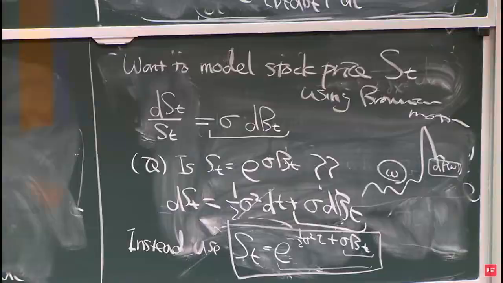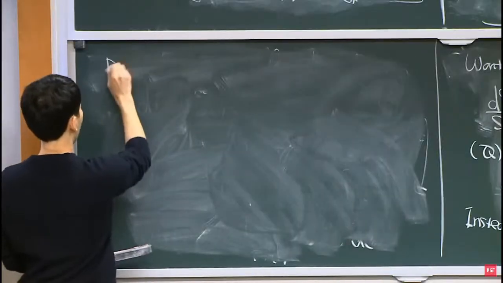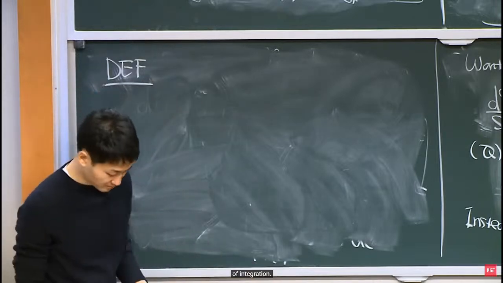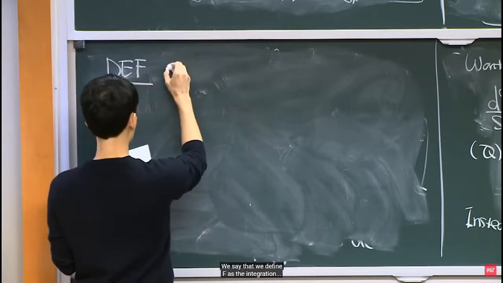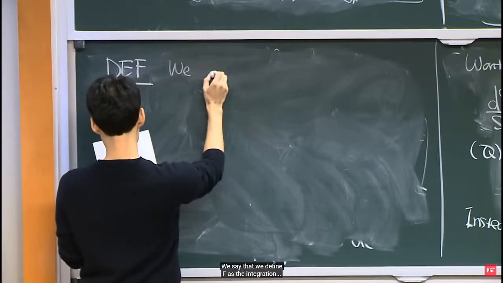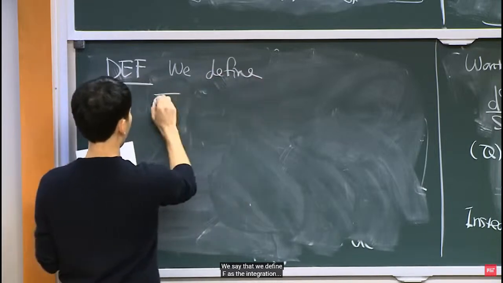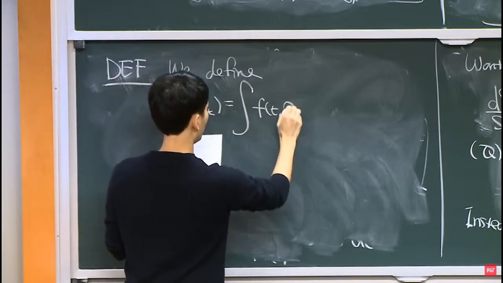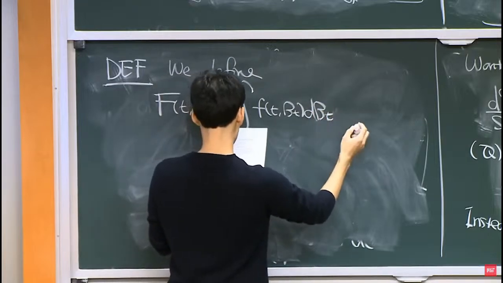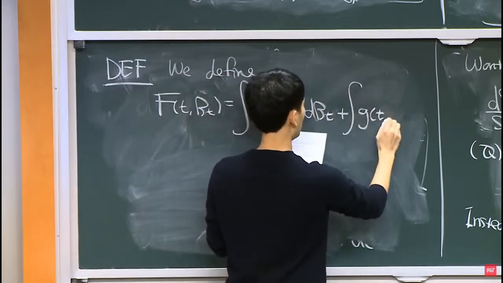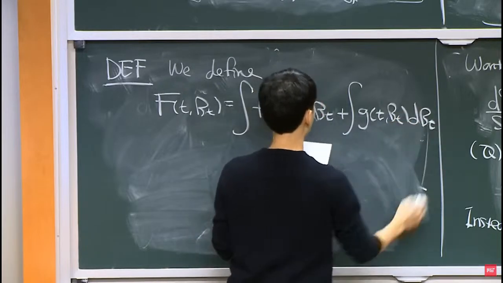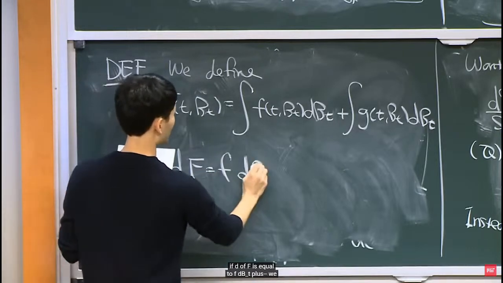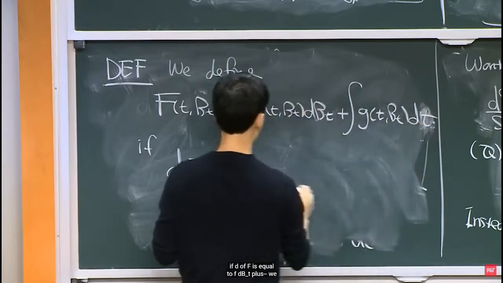Okay, so what was I trying to do? Oh, integral definition. I will first give you a very, very stupid definition of integration. We define F as the integration if dF is equal to f dt plus g dB.